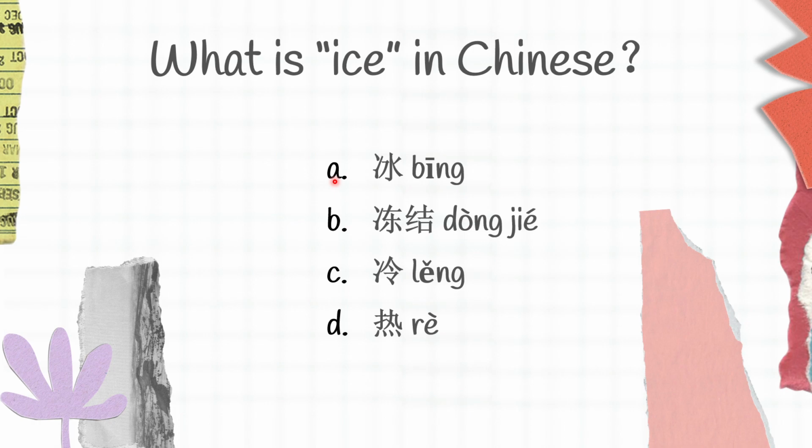So 冰 is ice, 冻结 is freeze or to freeze, 冷 is cold, 热 is hot.